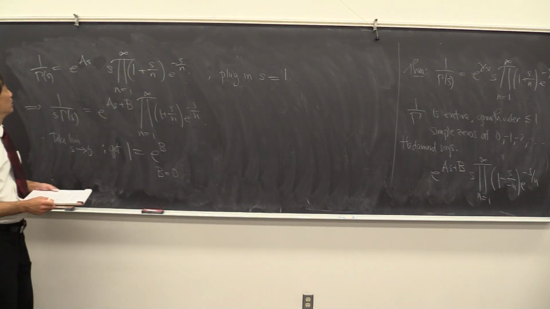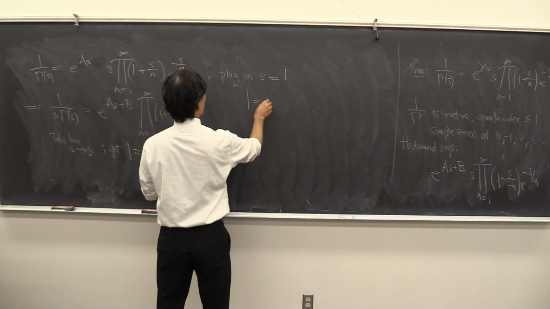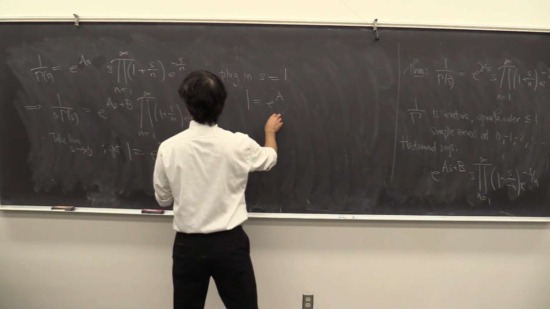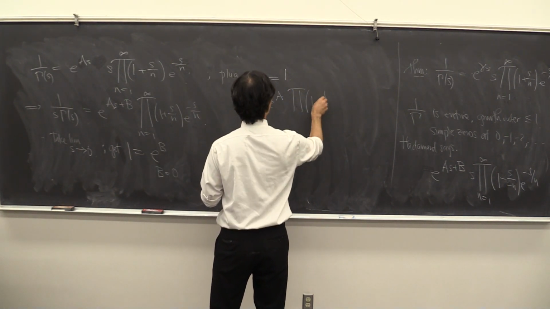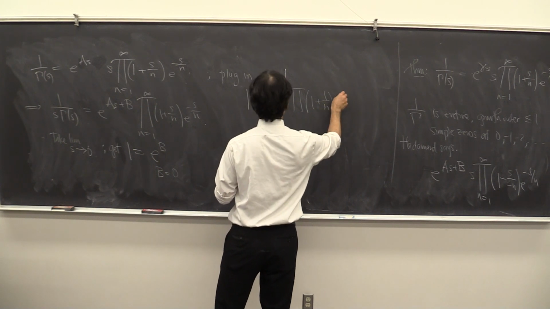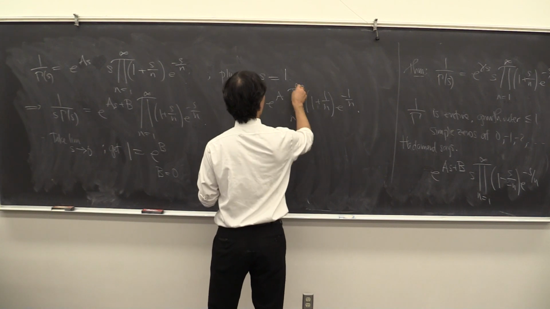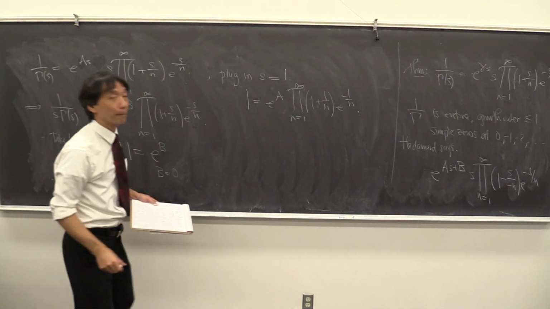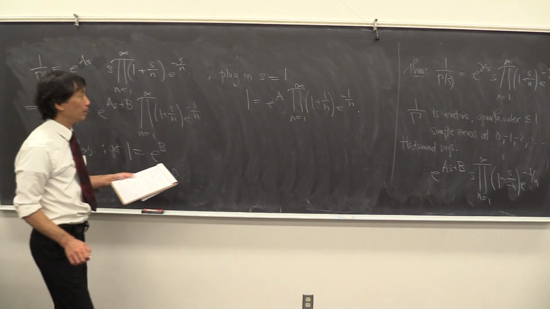So what we get then is that 1 equals e to the a times this thing, the product of 1 plus 1 over n times e to the negative 1 over n, n goes from 1 to infinity.